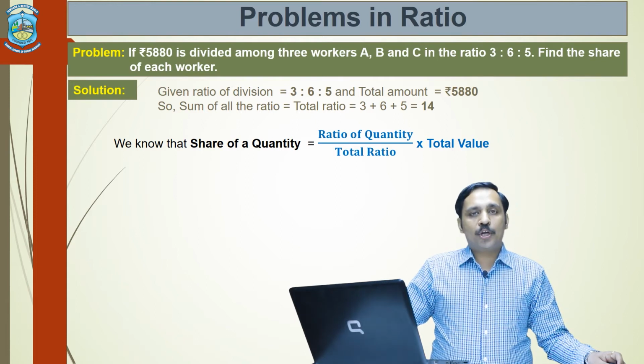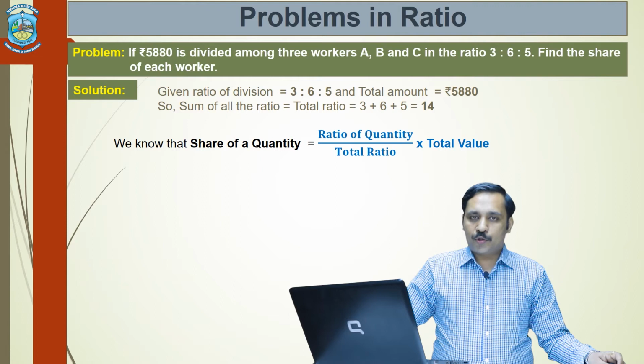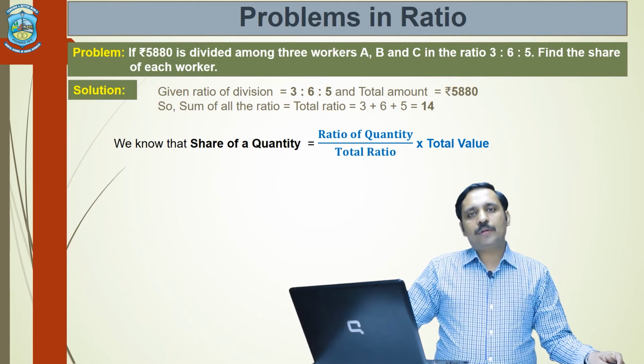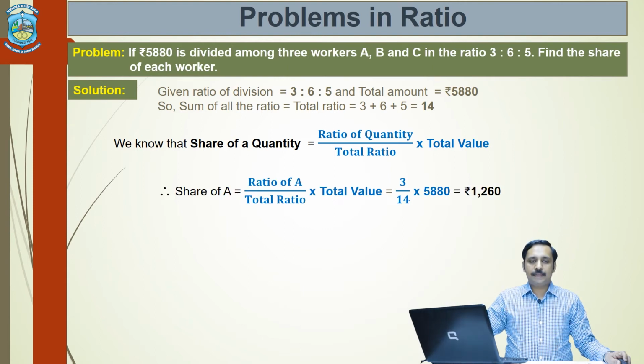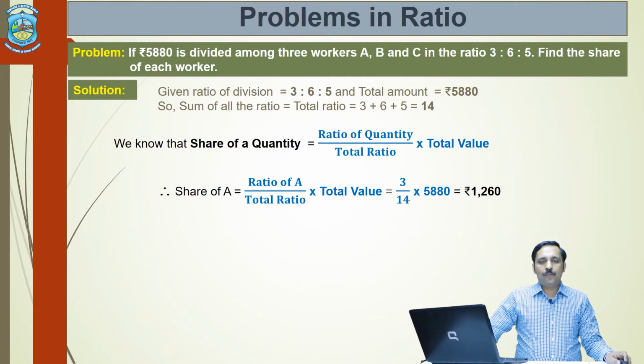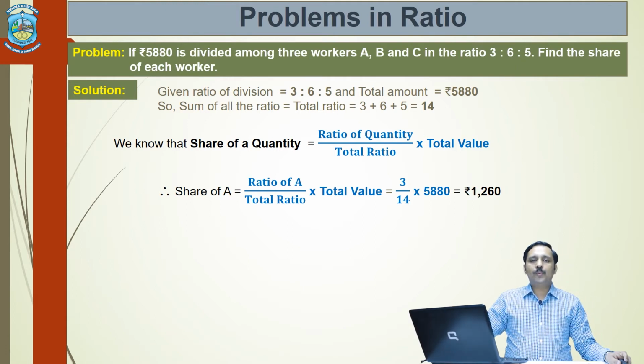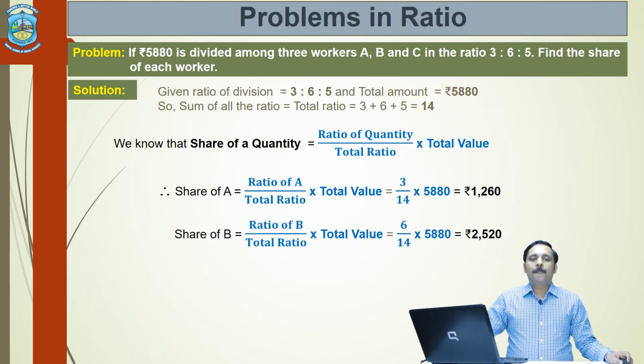Now we know that the share of a quantity is equal to the ratio of the quantity divided by the total ratio multiplied by the total value. Therefore the share of A is the ratio of A divided by the total ratio multiplied by the total value. So we have 3 upon 14 multiplied by 5880. The answer is rupees 1260. Similarly, the share of B is the ratio of B divided by the total ratio multiplied by the total value.